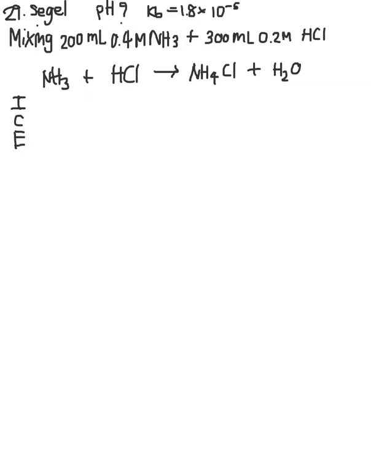To put the values in the ICE table, you have to be consistent with the unit. If you want to use molar, you can put molar, but in the end you still have to go back and calculate the moles. If you want to use moles in the table, you have to put moles for every substance or reagent here.